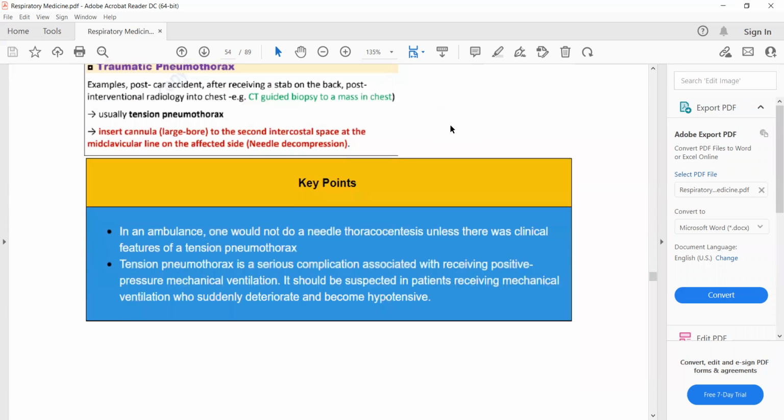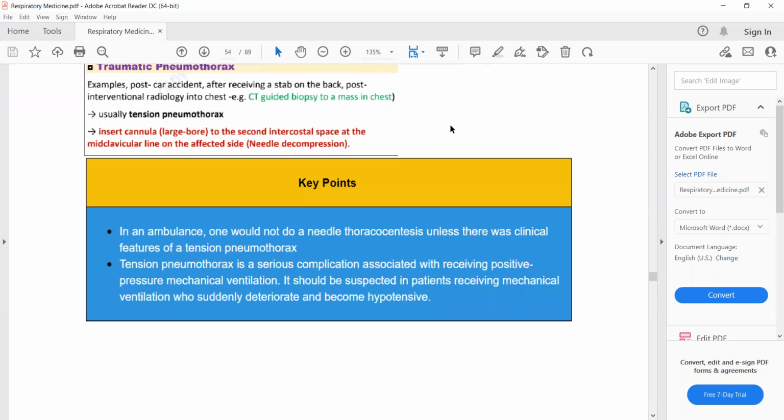Remember that I have told you 3 causes of tension pneumothorax. It can be caused by a car accident, it can be caused by a stab wound, it can be a complication of CT guided lung biopsy.